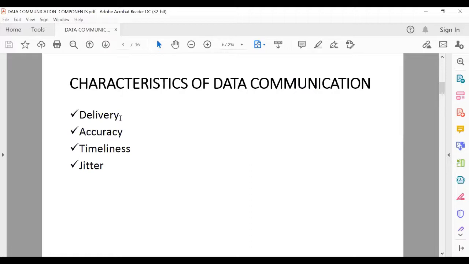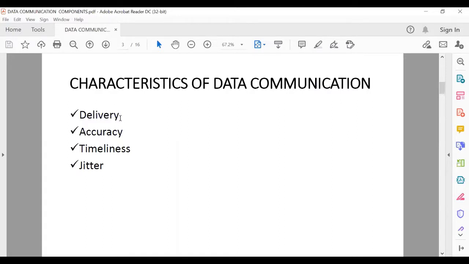The data may get corrupted during transmission, affecting the accuracy of the delivered data, but that should be overcome. There are lots of methods which you can apply so that error-free data can be received. Third is the timeliness.